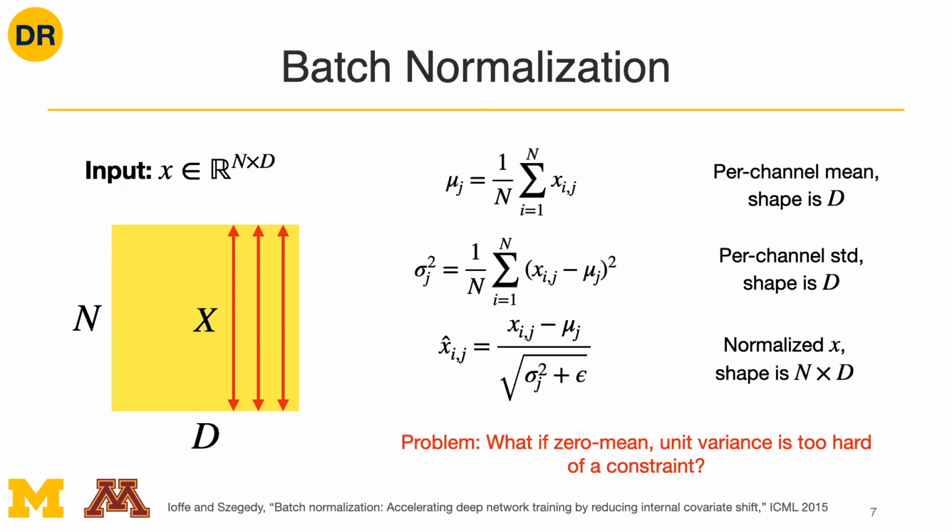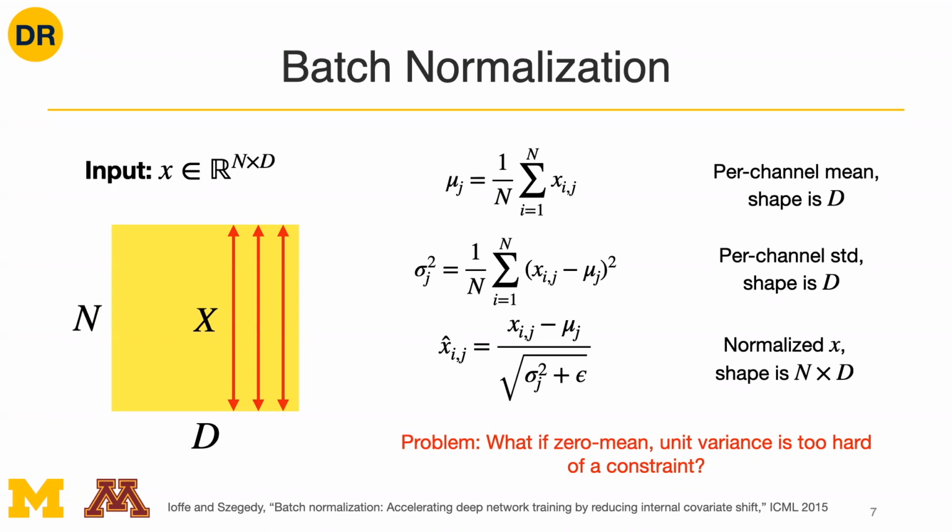For instance, if the dimension of the input is N cross D, you are normalizing across the dimension of N. So you compute the mean, you compute the variance, and then you compute this x hat using the mean and the variance that you computed. And you also add a small value for numerical stability.